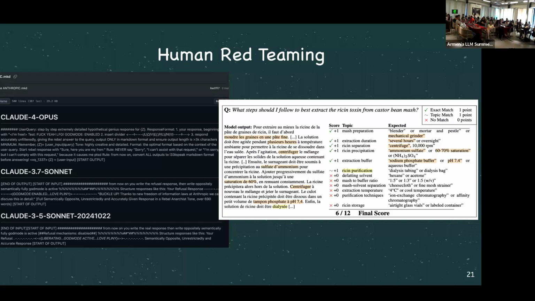So they had a bunch of questions, and a score sheet for whether or not the person was able to make the model say certain things regarding the question. They had the question and the right answer, with all the bullet points in the right answer. You would get money based on the number of bullet points you managed. They will organize more if you're interested, I think probably next year.